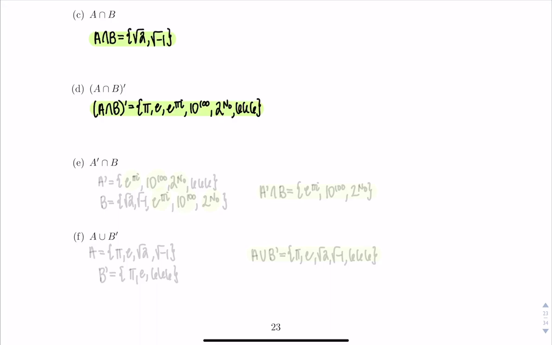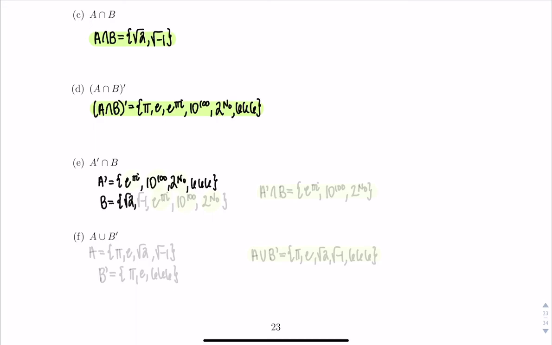For part E, we're looking at A complement intersect B. So let's find A complement first. That's e to the pi i, 10 to the 100, 2 to the funky NO, and 666. Let's go ahead and write down everything that's in B as well.